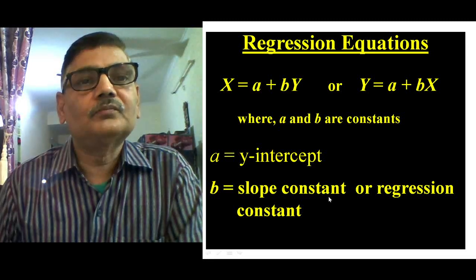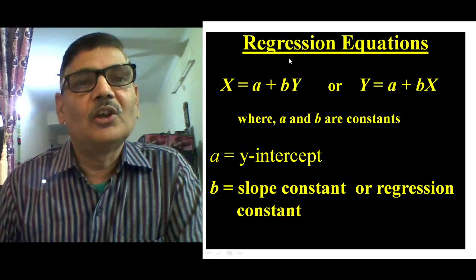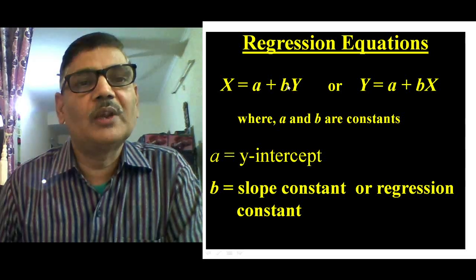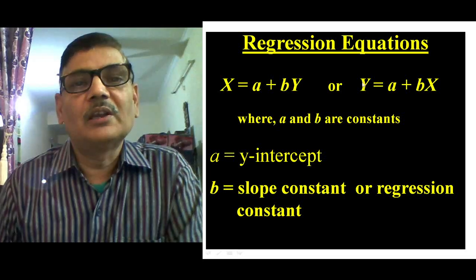Now, in case of regression analysis, we generally obtain two equations. One equation could be x on y, that is depicted as x = a + by, and the other equation is y on x, which is represented as y = a + bx.